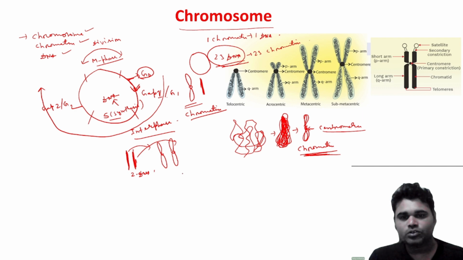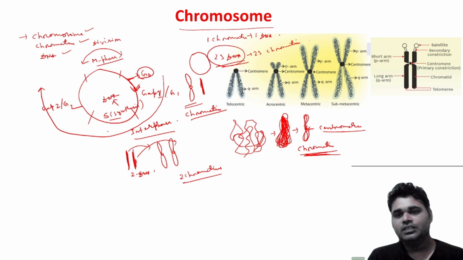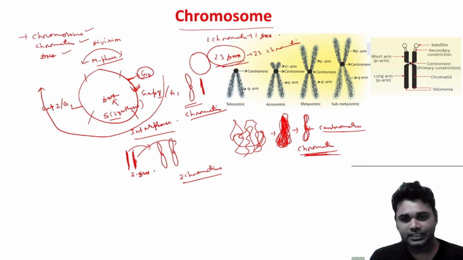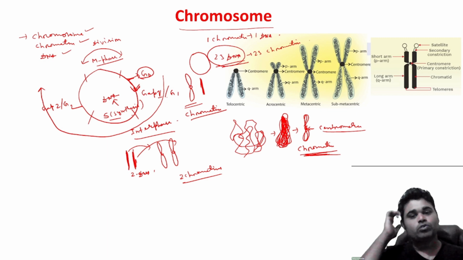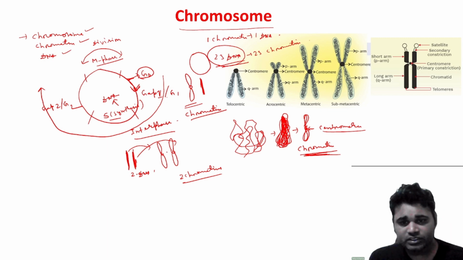That means two chromatins are formed here in the S phase. These two chromatins are joined, and it looks like this.